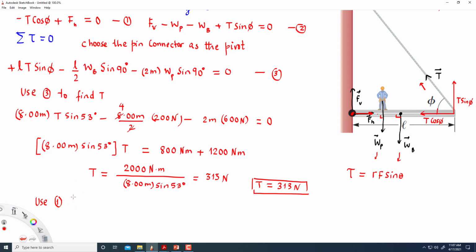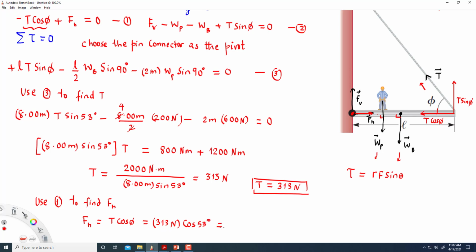So use 1 to find FH. We can move this term to the right, so that will give us FH is equal to T cosine phi. T is 313 newton and phi is 53, so cosine 53 degrees.